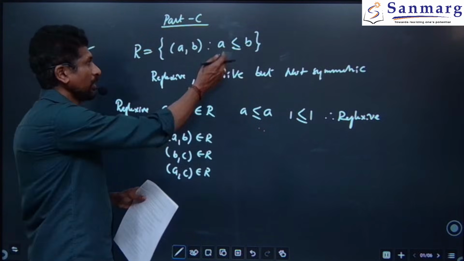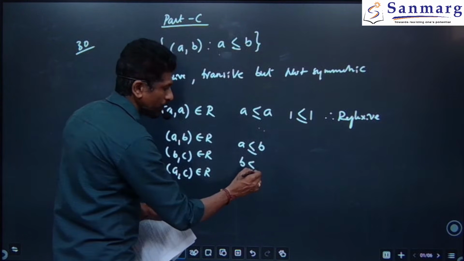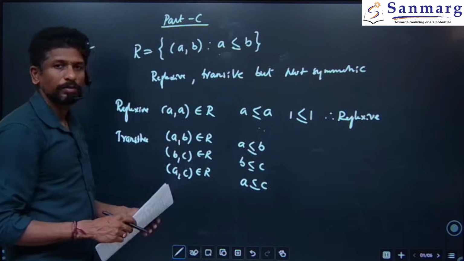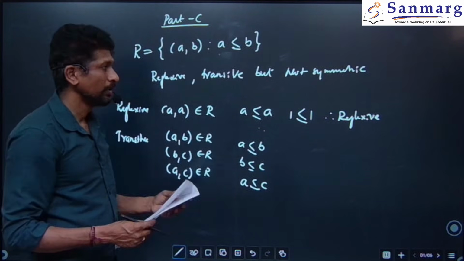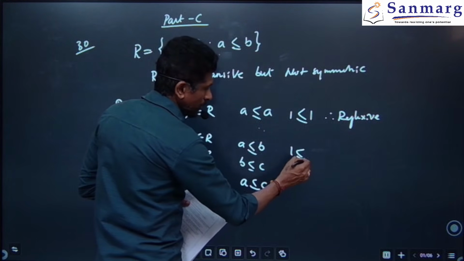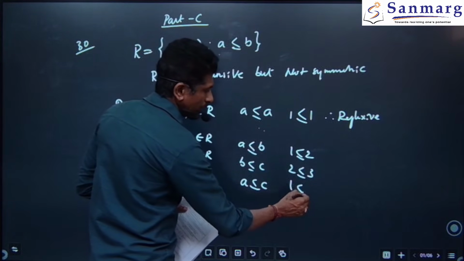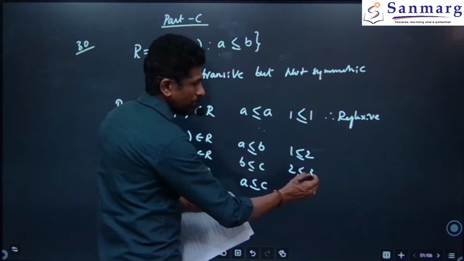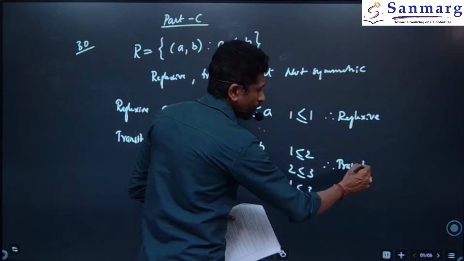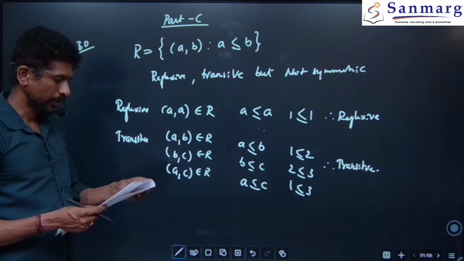By taking the same relation, A is less than or equal to B, B is less than or equal to C, so A is less than or equal to C. By an example, you can also consider 1 less than 2, 2 less than 3, and 1 less than 3 in the real numbers. So the relation becomes transitive. This way you have to write in the exam.